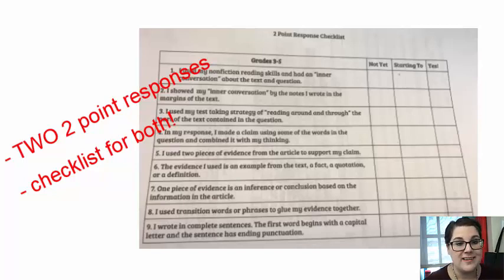One will be similar to today's that I did here, and one is going to be a review of some of the things you did last week. Make sure you're using the checklist at the end of each 2-point response. I shouldn't have to tell anybody to find 2 details anymore. This should be something that you are finding for yourself. 2 2-point responses. Use your checklist at the end of both. Happy writing.